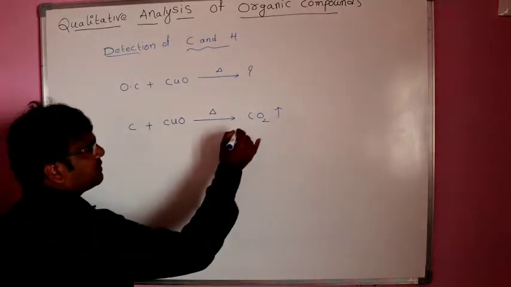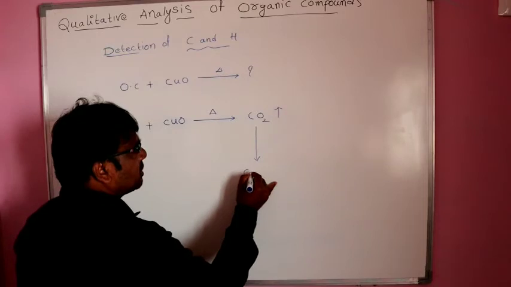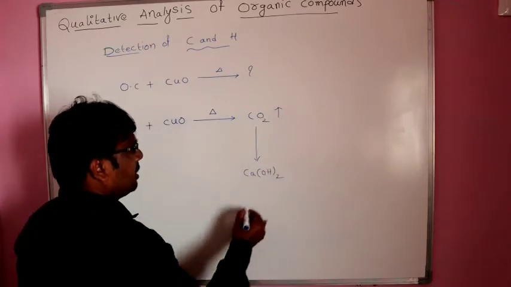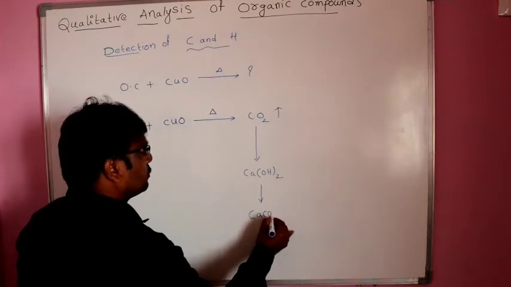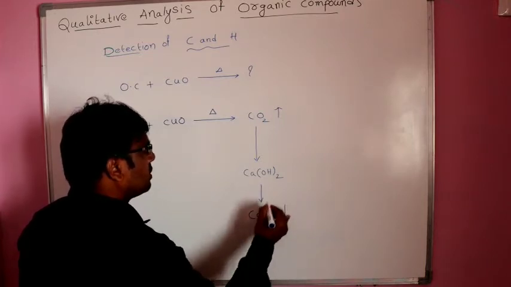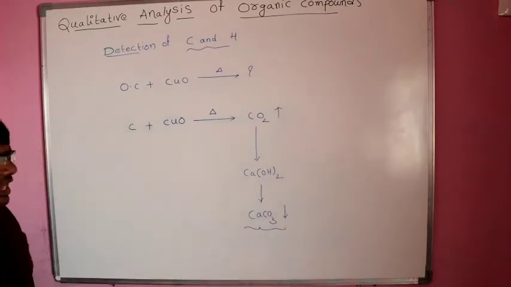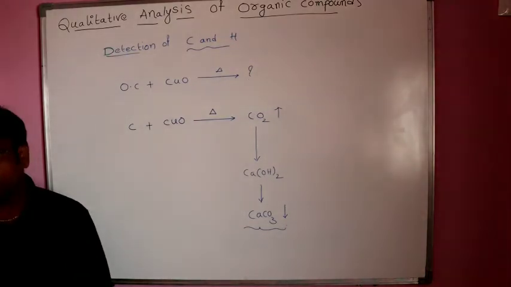Whenever we allow this carbon dioxide gas through calcium hydroxide, which is nothing but lime water, then what will we get? Turbidity will be produced. So based on the turbidity, based on the precipitation of calcium carbonate, we can easily identify the presence of carbon.